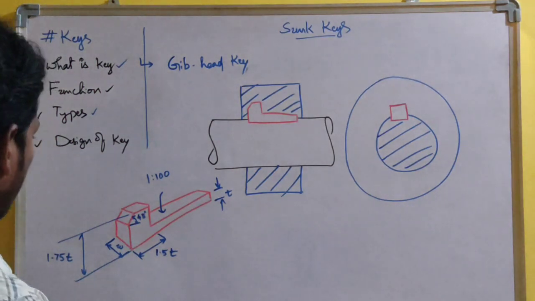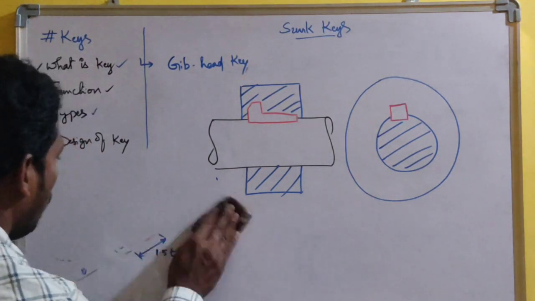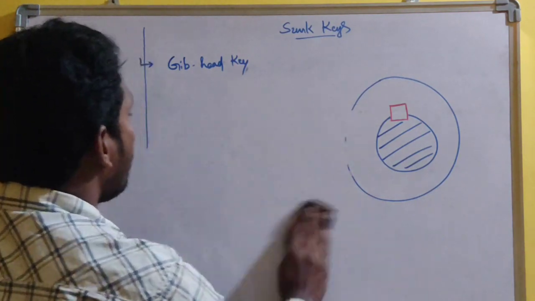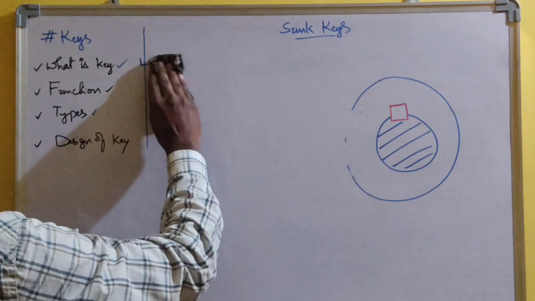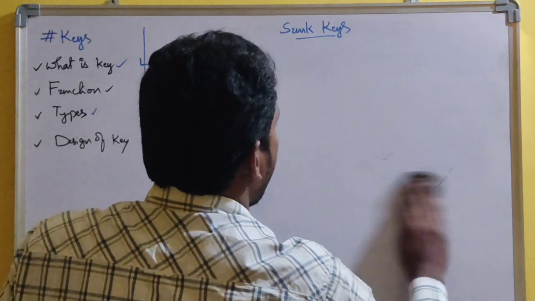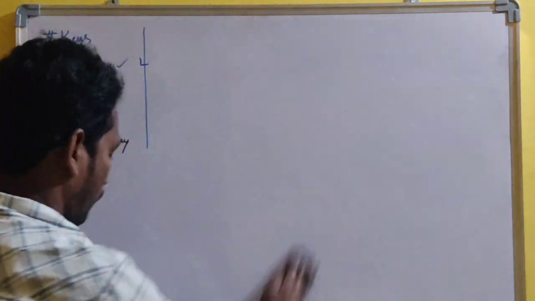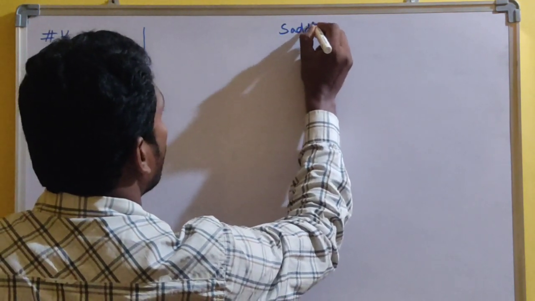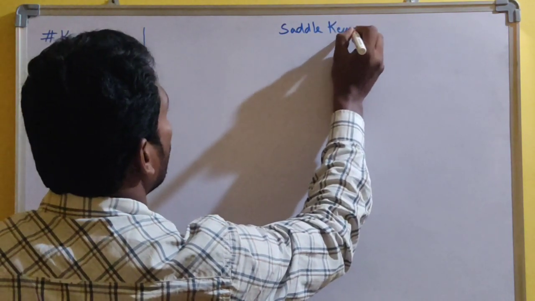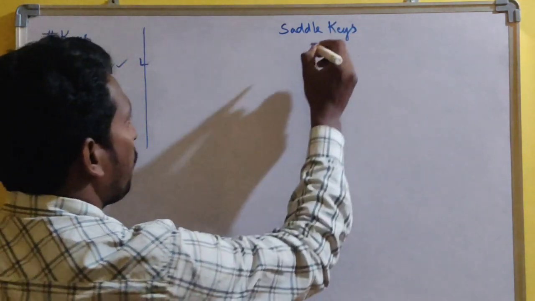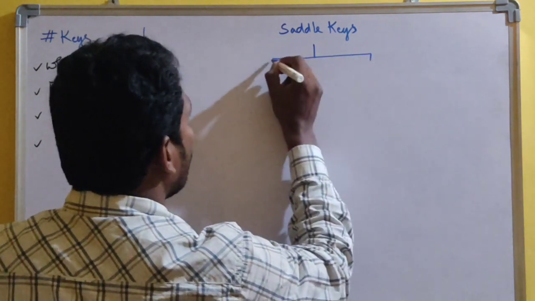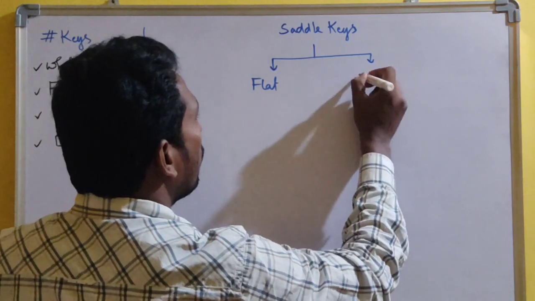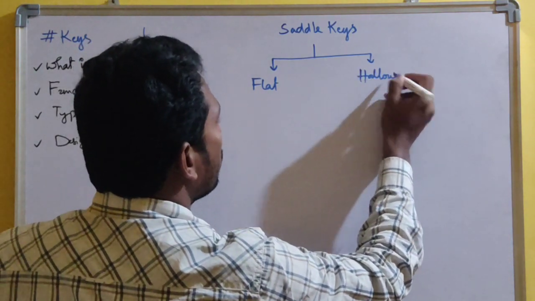So here we have finished the discussion of the different types of sunk keys. The next one is the saddle key. In the case of saddle keys, we have two types: the first is the flat saddle key, and the second is the hollow saddle key.